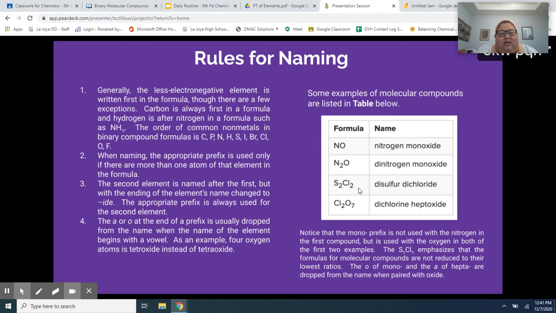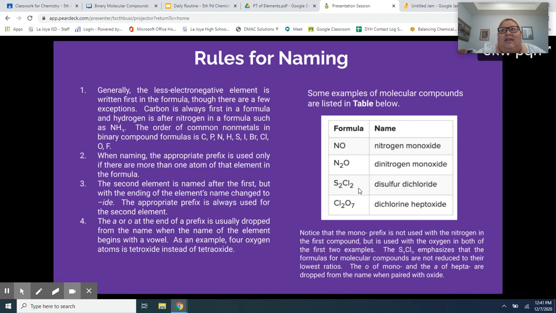The appropriate prefix is used for the second element. If you have an A or an O at the end of your prefix, drop it when the name of the element begins with a vowel. Everybody knows what a vowel is?